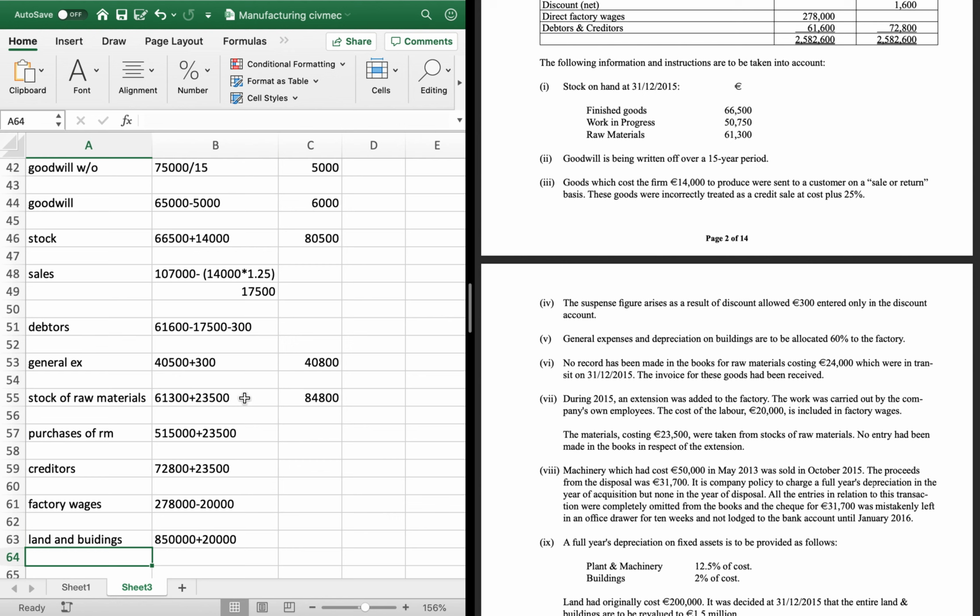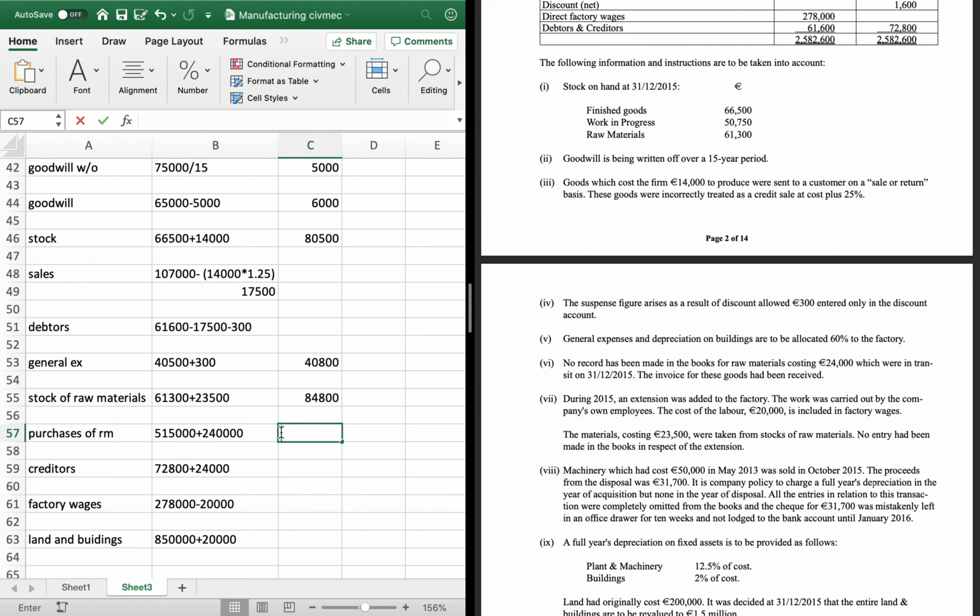No entry was made in the books in respect of the extension. So purchases of raw materials of 24,000. Sorry, I took the wrong figure. That's from working for, I just saw raw materials and took the wrong one.